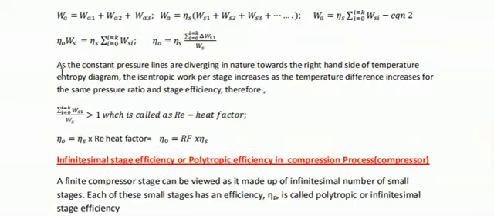As the constant pressure lines are diverging in nature toward the right hand side of the temperature entropy diagram, the isentropic work per stage increases as the temperature difference decreases for the same pressure ratio stage efficiency. Therefore, we can write that the summation of i equal to 0 to k of WSi by WS is greater than 1, which is called the reheat factor.